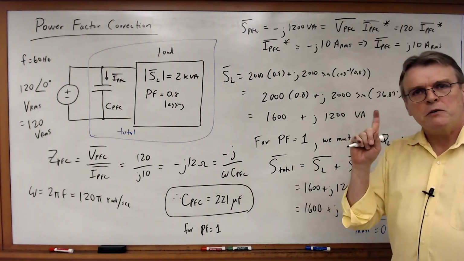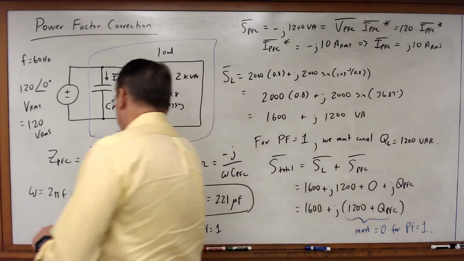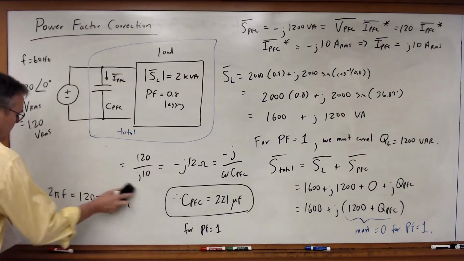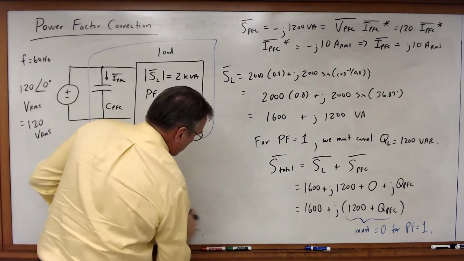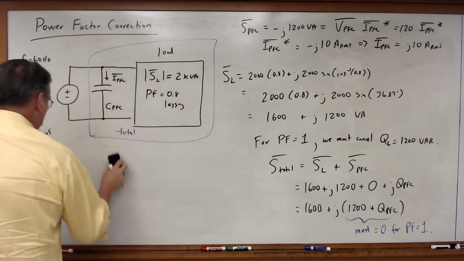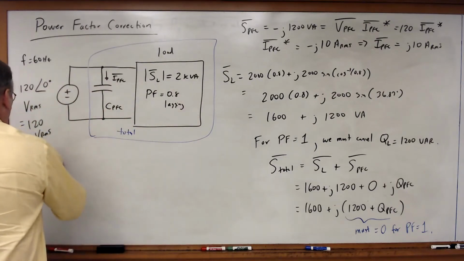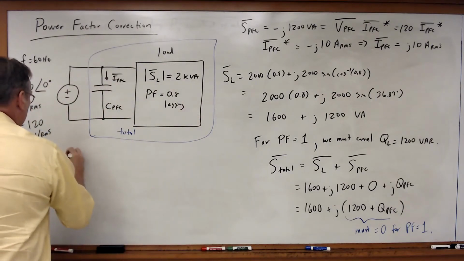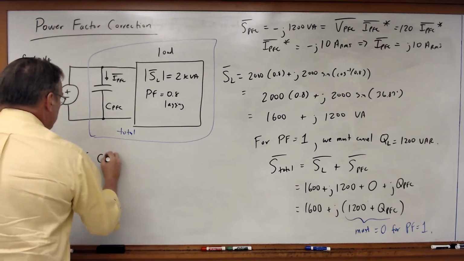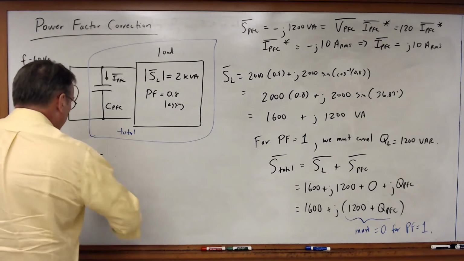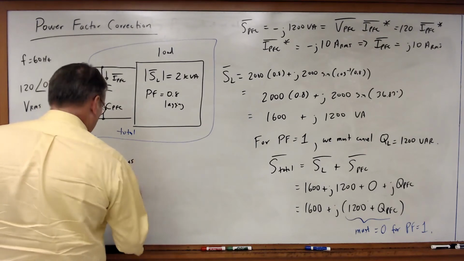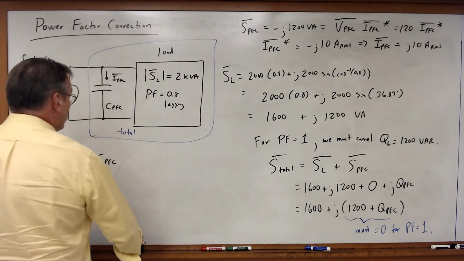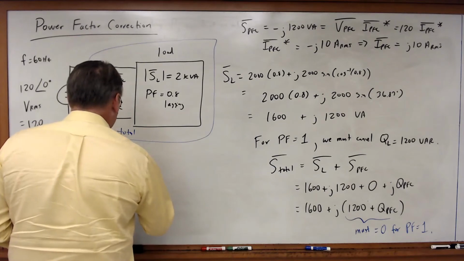But now let's do something a bit different. The second part we were talking about. What value of CPFC gives a power factor of 0.9 lagging?